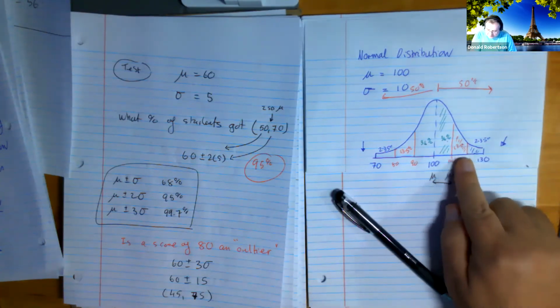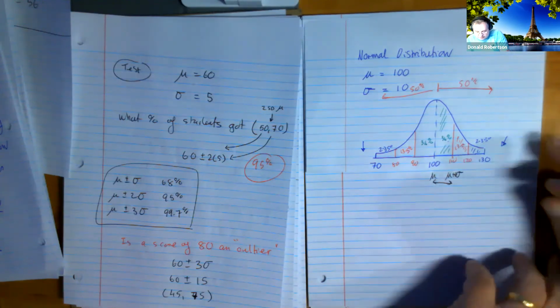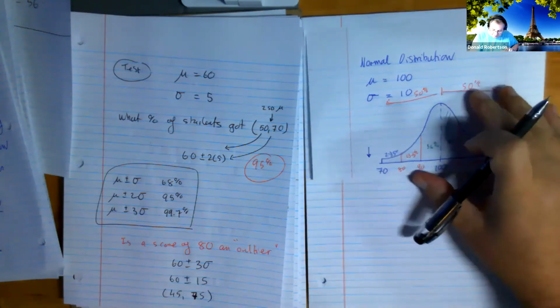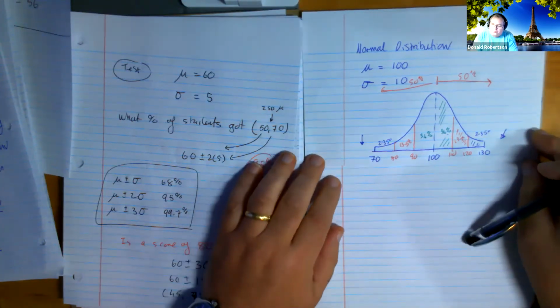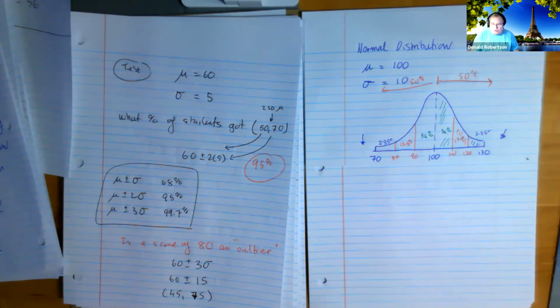And from there to there, it's 13.5, and from there to there, it's 2.35. The result is that if you create one of these quite messy pictures, you can then answer more complicated questions like what percentage of people got an IQ between one number and the other.